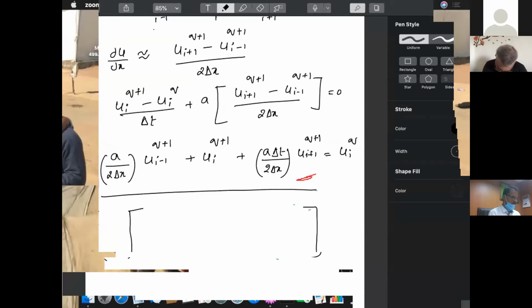If I replace a by 2Δx with lambda, I have minus lambda, 1, lambda, and all other entries zeros. So you get a tridiagonal system.